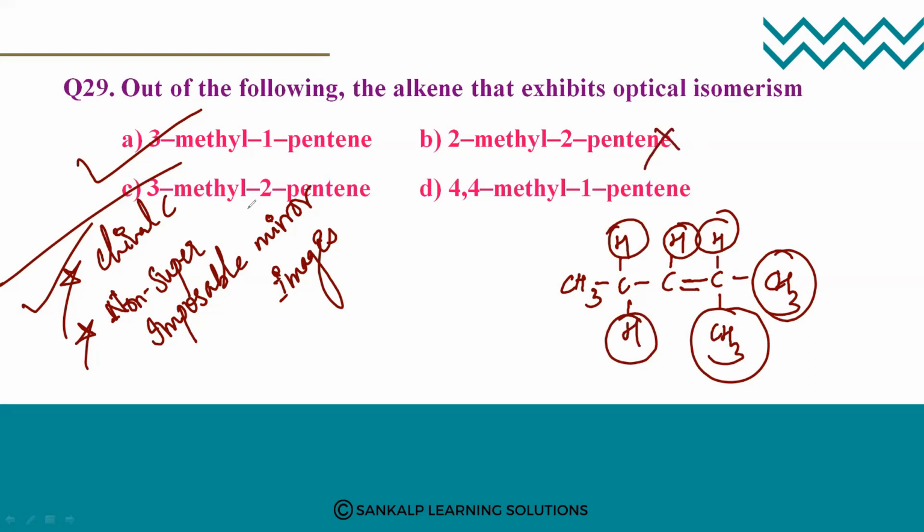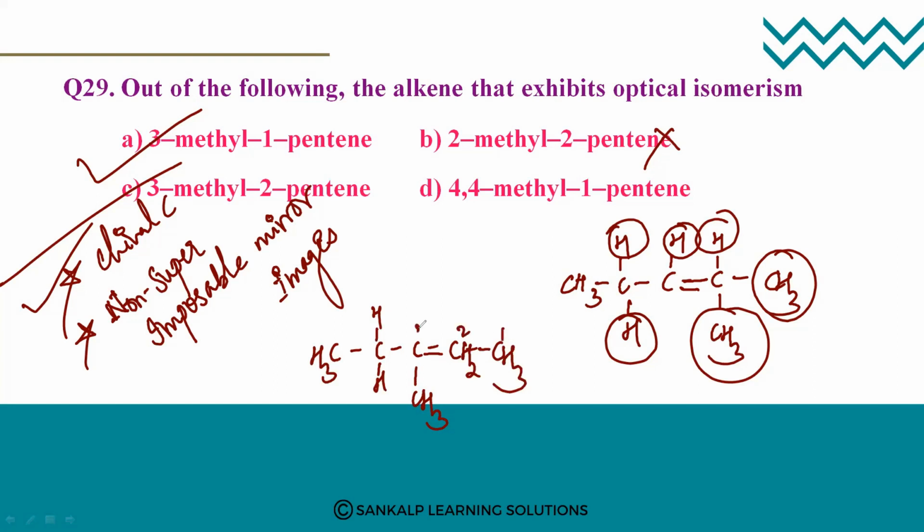Okay, for this now 3-methyl 2-pentene. So 3-methyl 2-pentene, 1, 2, 3, 4, 5. Now add 3-methyl and 2-pentene. So 1, 2. This is 2. Now I'll write CH3, then H, then this is CH2, and this is CH3.